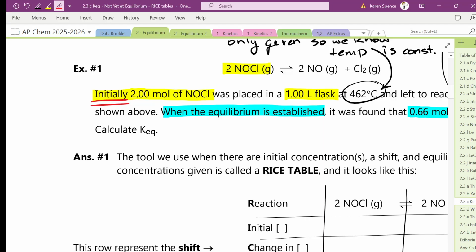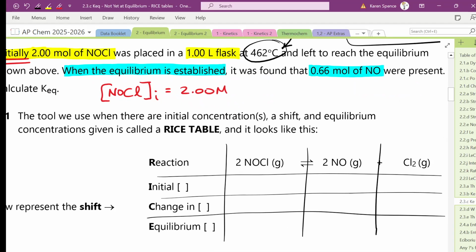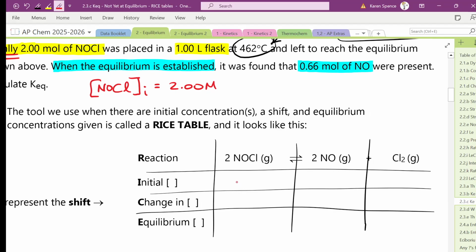What concentration is that? 2 moles in a 1 liter flask. 2 molar, okay? And that is, so our concentration of NOCl initial is 2.00 molar.